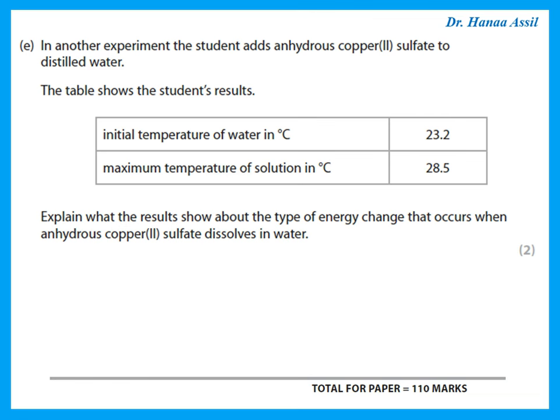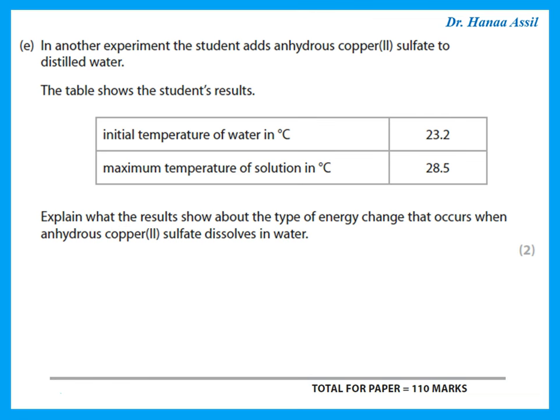In another experiment, the student adds anhydrous copper sulfate to water and he got these results. Explain what the results show about the type of energy change that occurs when anhydrous copper sulfate dissolves in water. Now, what happened here? The initial temperature was 23 point something.